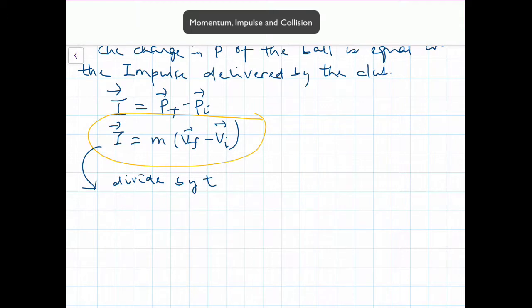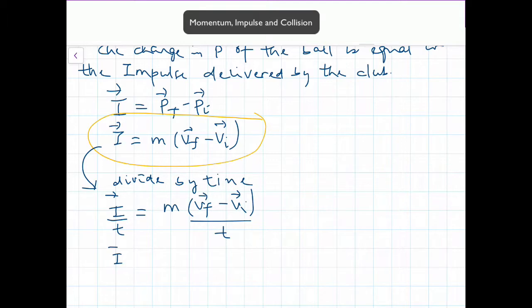So if we divide both sides of the equation by time, what we are going to have is impulse divided by time equals mass times v final minus v initial divided by time. But from previous chapters, what we know is v final minus v initial divided by time is what? Acceleration, right?